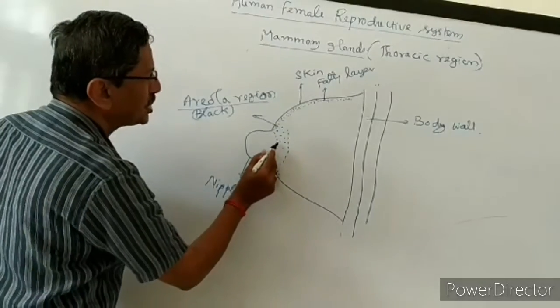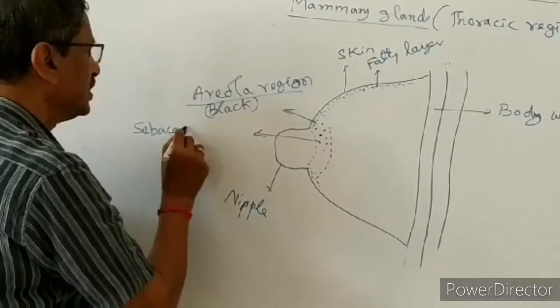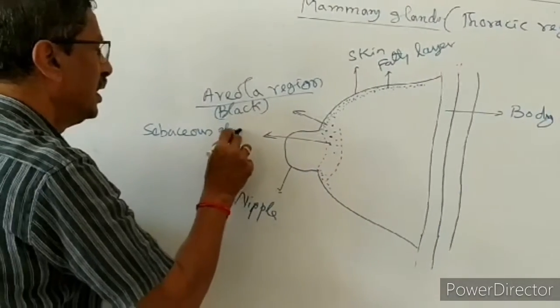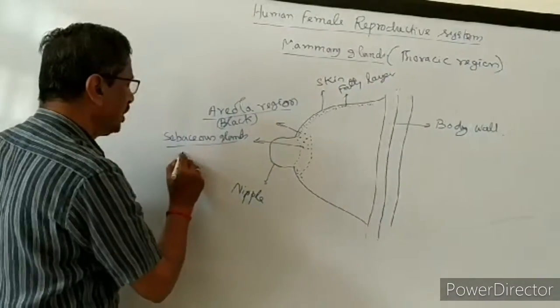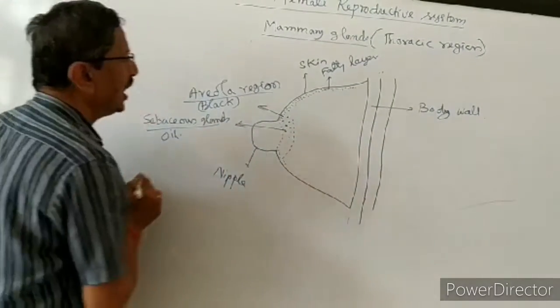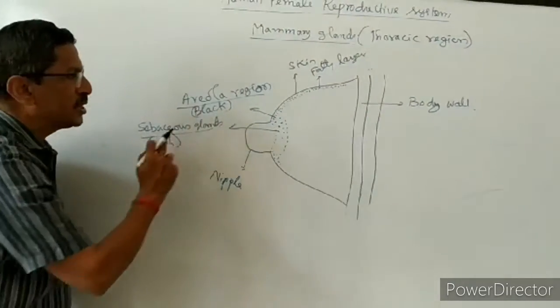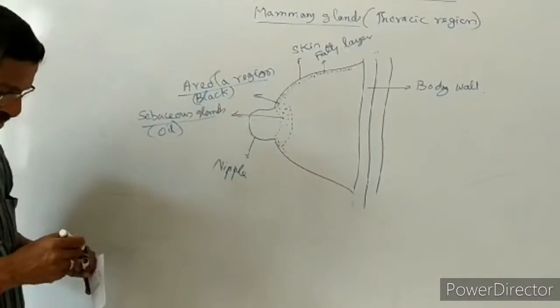These special glands are called sebaceous glands. The sebaceous glands produce a type of oil which keeps the nipple and the areola region very soft in nature.